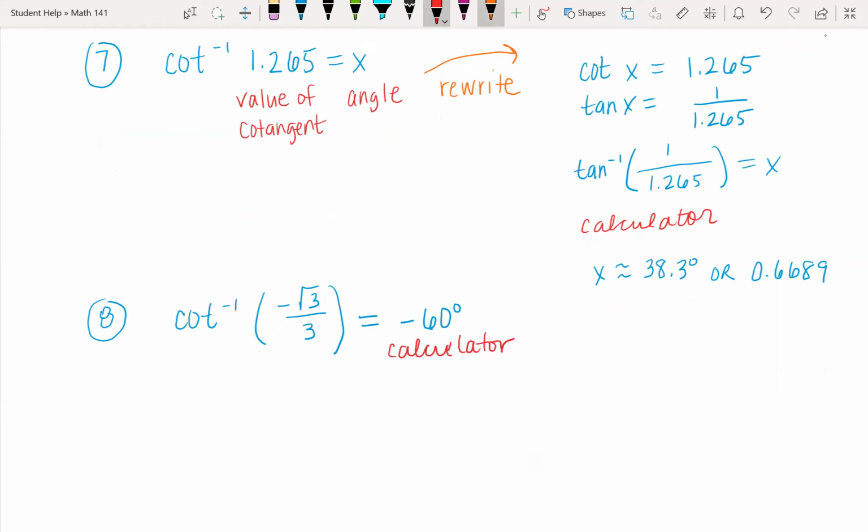But when we look at what the range for cotangent inverse is, it is between 0 and pi.